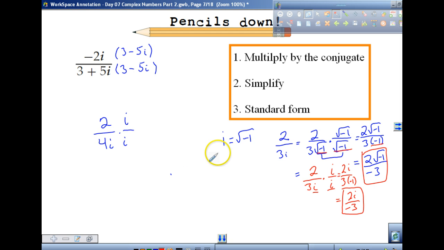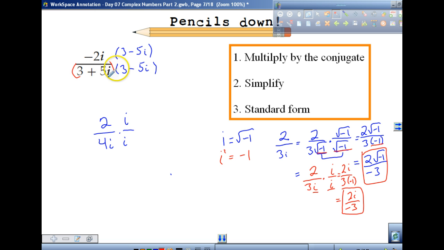Okay, so big idea: if i equals square root of negative 1, i squared equals negative 1. And this is powerful because it eliminates the i in the denominator whenever we need it. Now, I showed you earlier up here that that doesn't really work here.